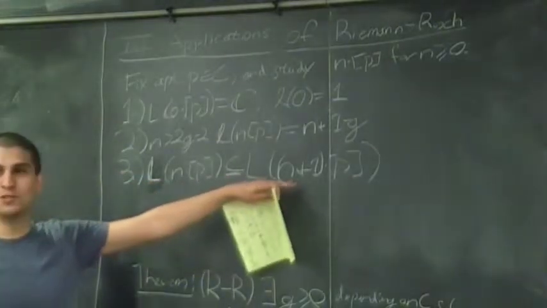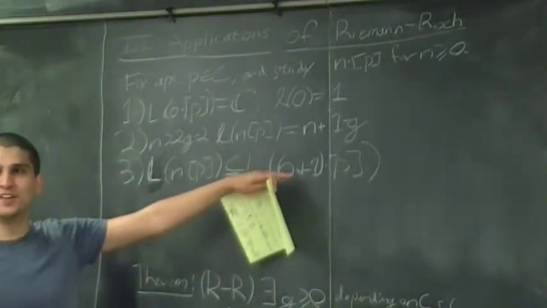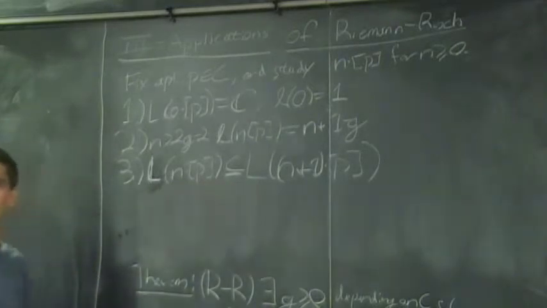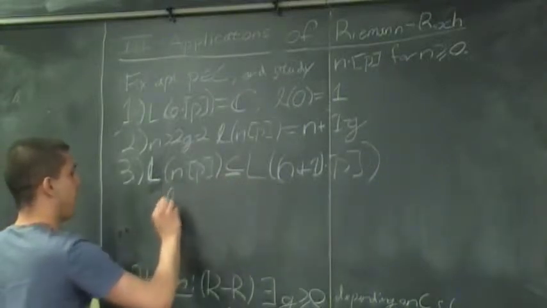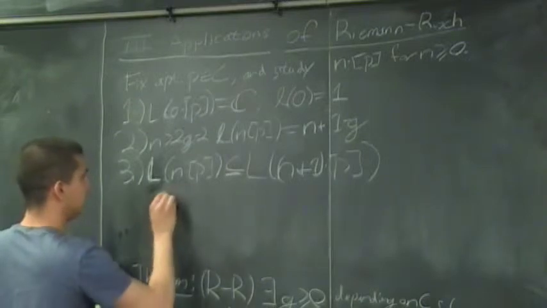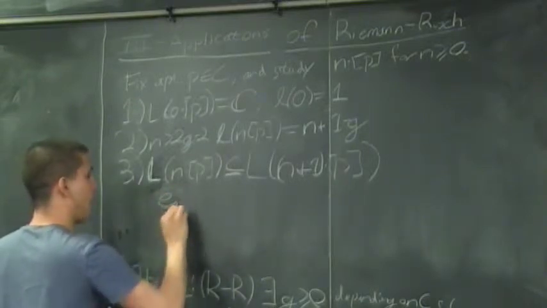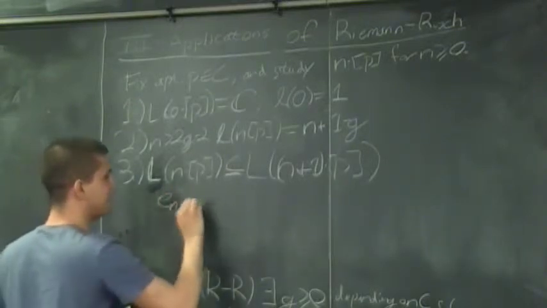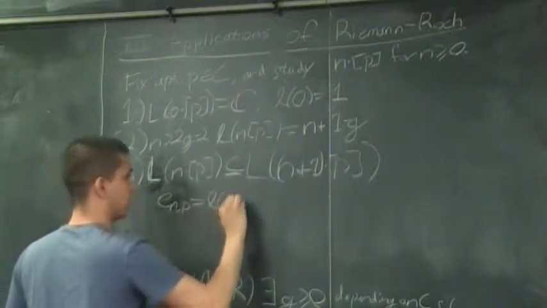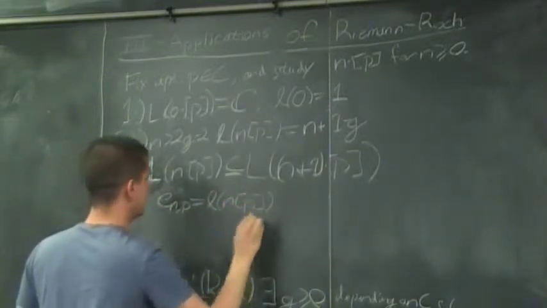This consists of the ones that blow up to order at most n plus 1. So certainly all of these live in there. So we have a sequence of integers. I'll denote them by E of n, comma, P as a shorthand for this.